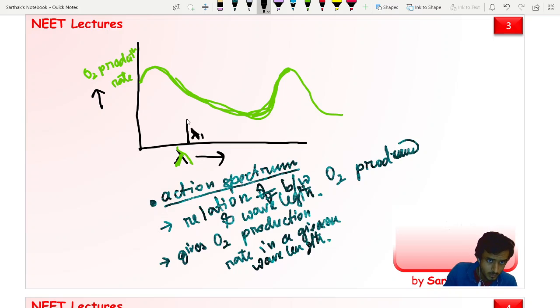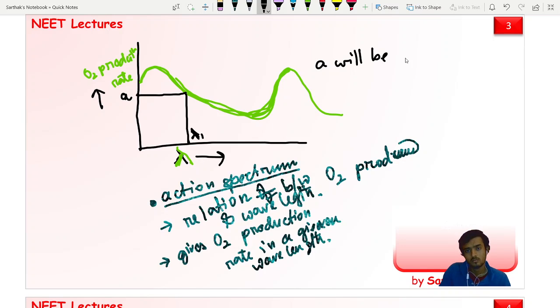We will draw a perpendicular to this curve, and where it intersects the curve, we will draw another perpendicular to the y-axis. Suppose where this line intersects is A. This A will be the O2 production rate at lambda 1.